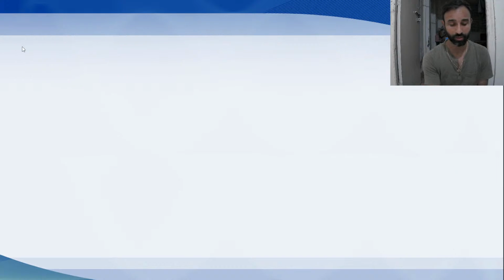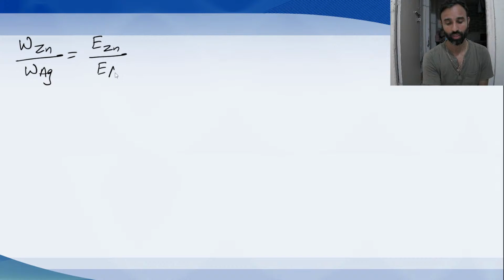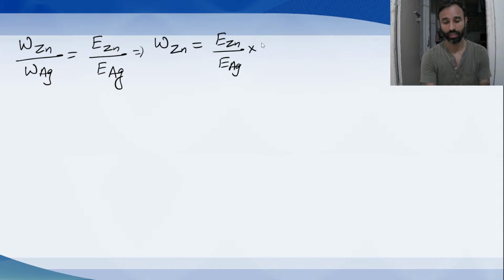So just use this relation. Weight of zinc over weight of silver equal to equivalent weight of zinc over equivalent weight of silver. Or we can write weight of zinc equal to equivalent weight of zinc over equivalent weight of silver into weight of silver.